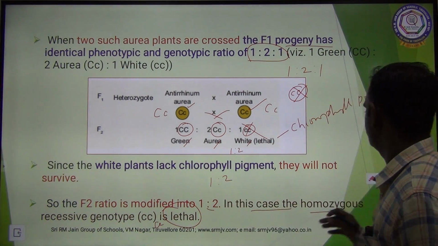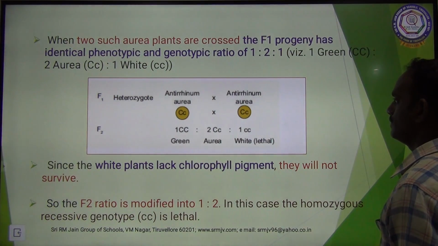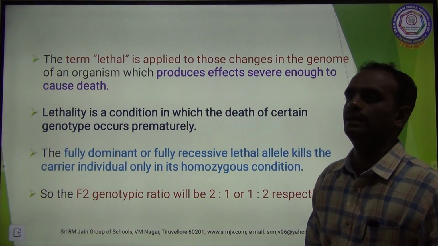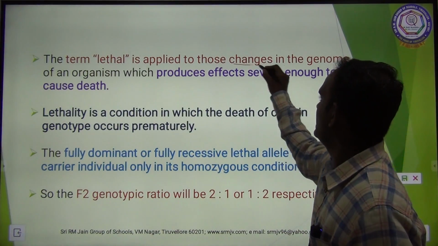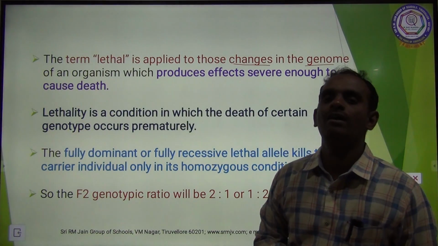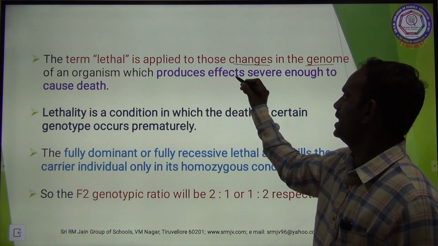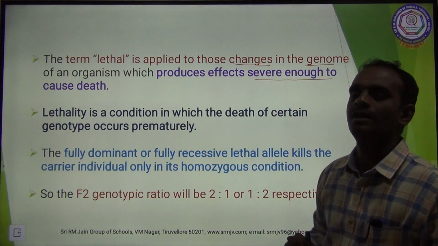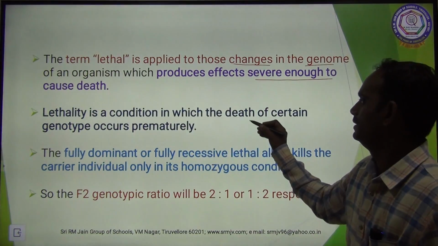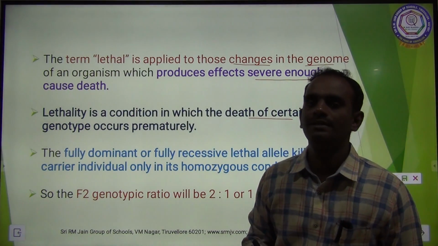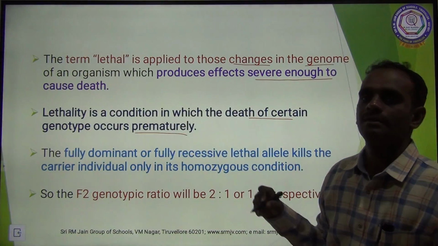Clear, children? The term lethal is applied to those changes in the genome of an organism which produce effects severe enough to cause death. Lethality is a condition in which the death of a certain genotype occurs prematurely.